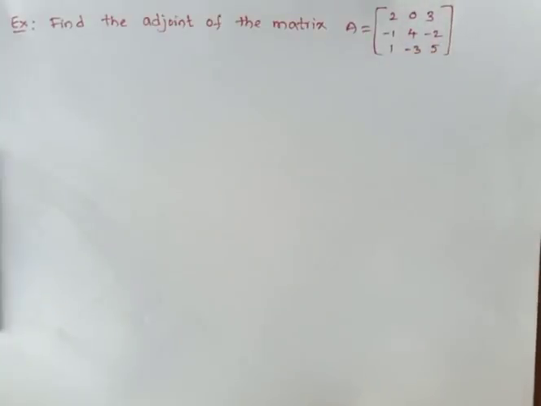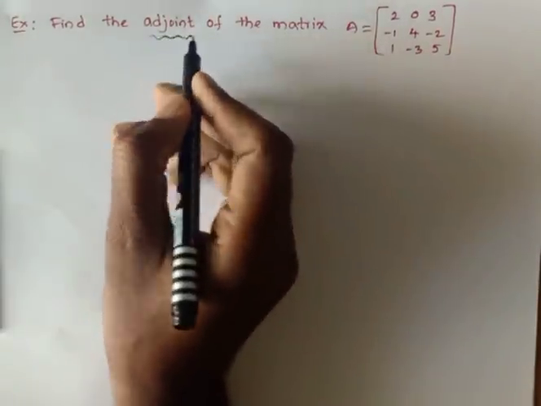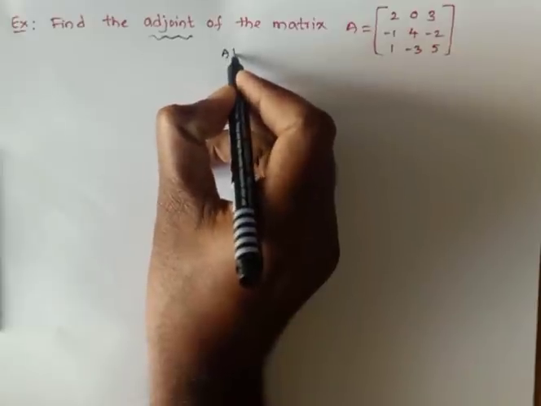For this 3 by 3 matrix, you need to find the adjoint of A.